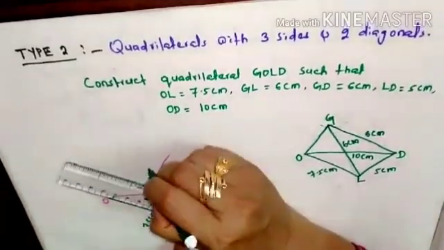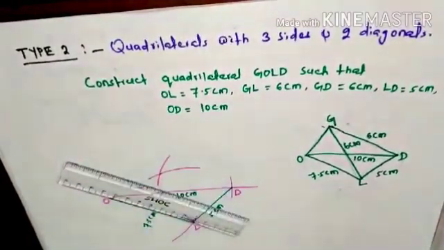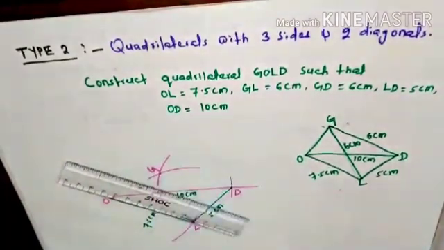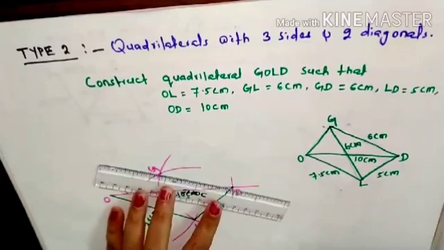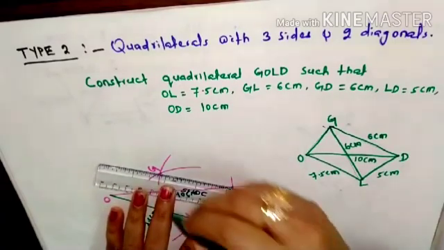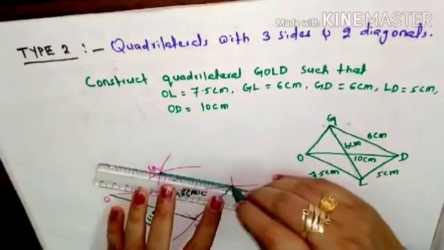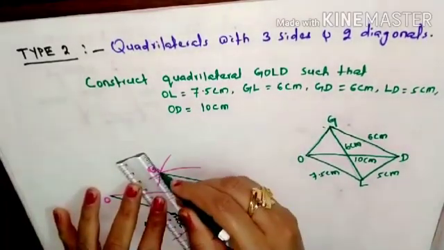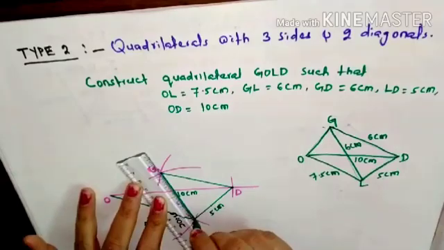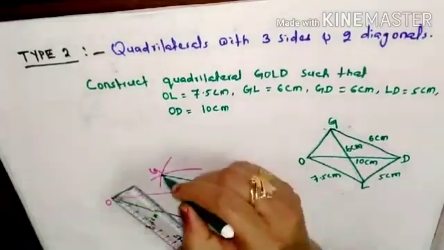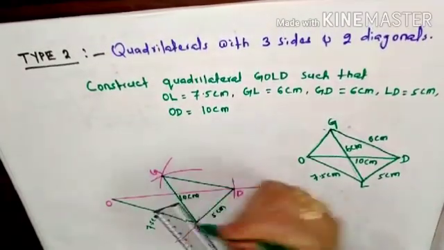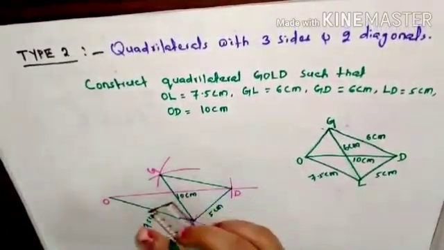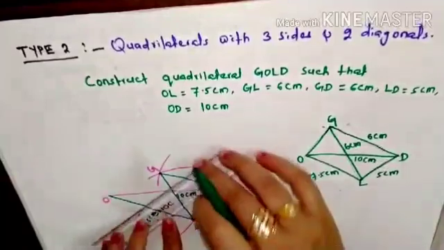Then this point is your G, and join GD and GL also. Now you found G, and you knew your point O. What you need to do is join OG.